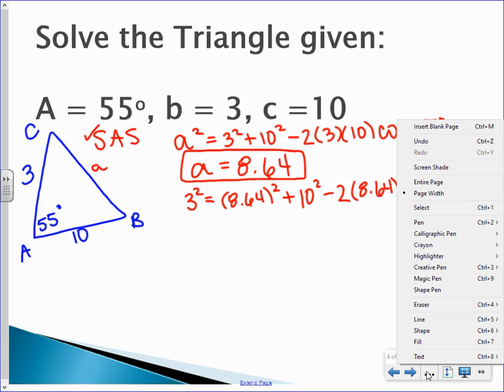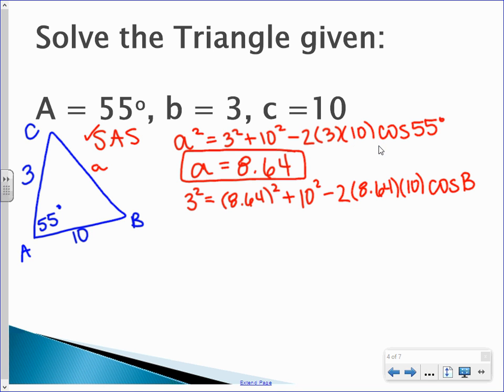We first need to get the cosine of B all by itself, so then we can do inverse cosine in our calculator.